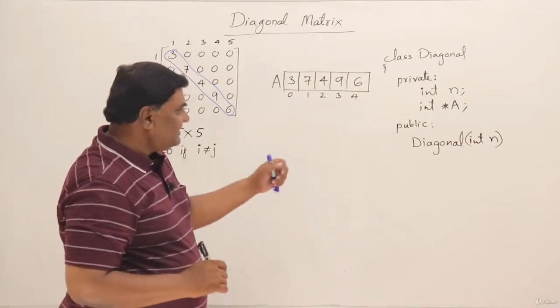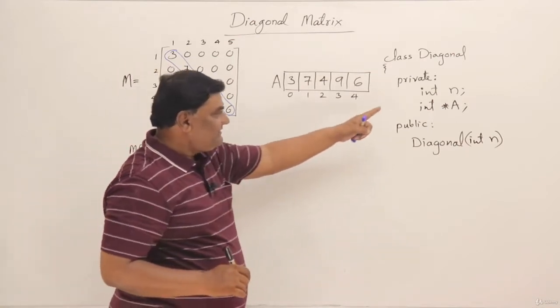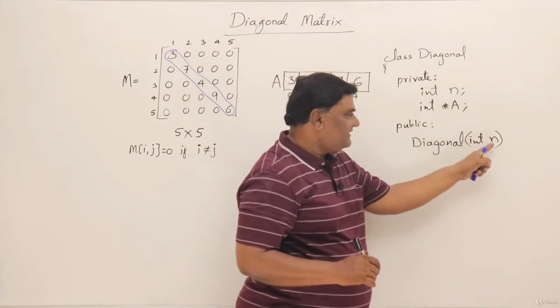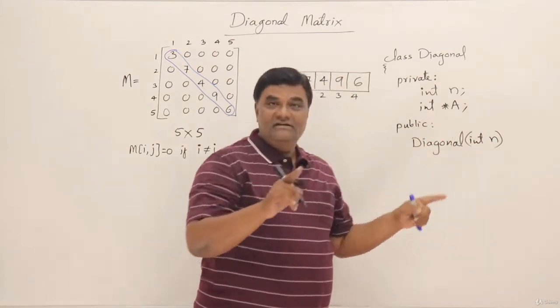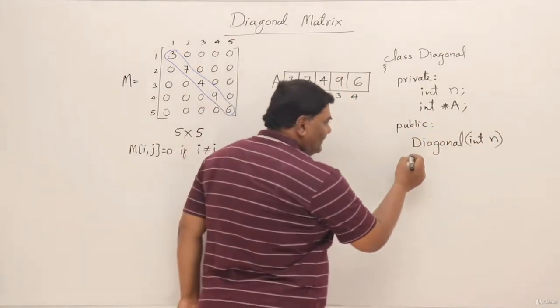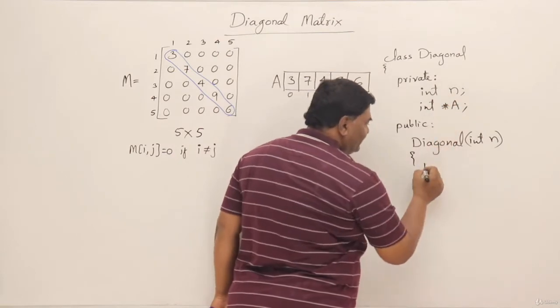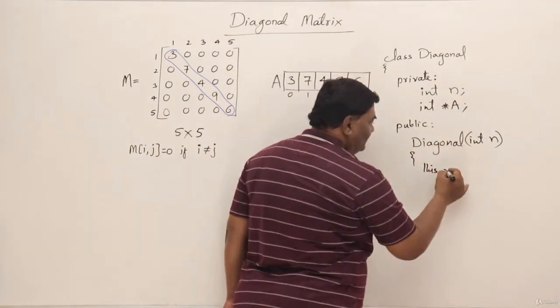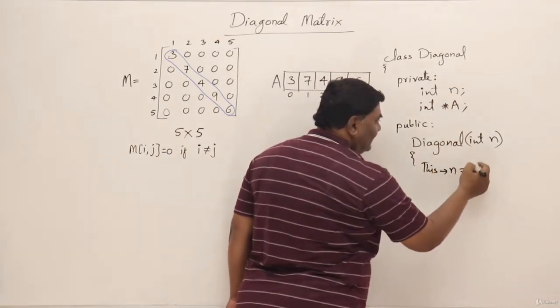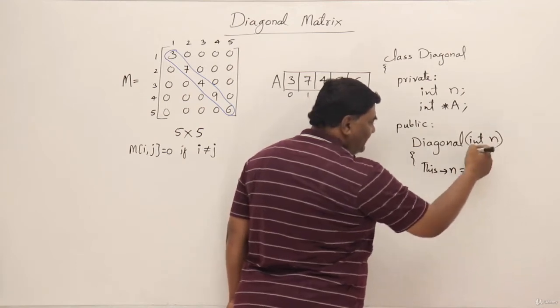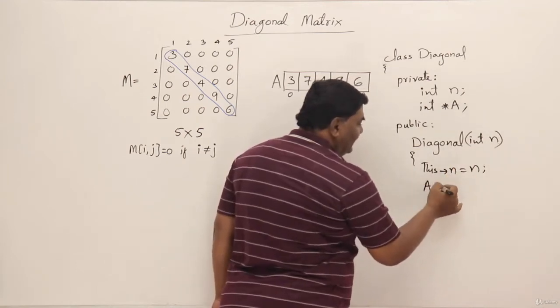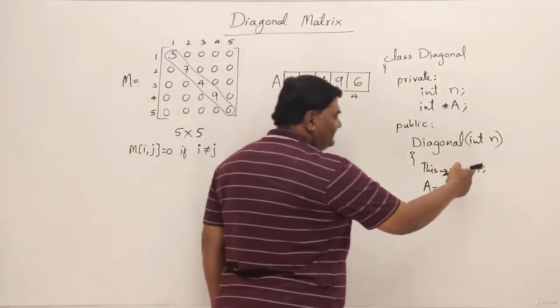Then inside the constructor, I should set this value n to this one and also create an array. So this arrow n is assigned with this parameter, and to this a I should create an array of the same size.